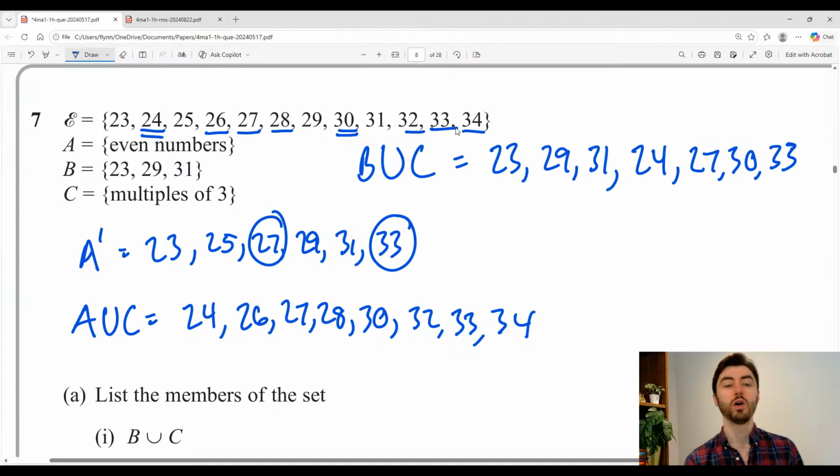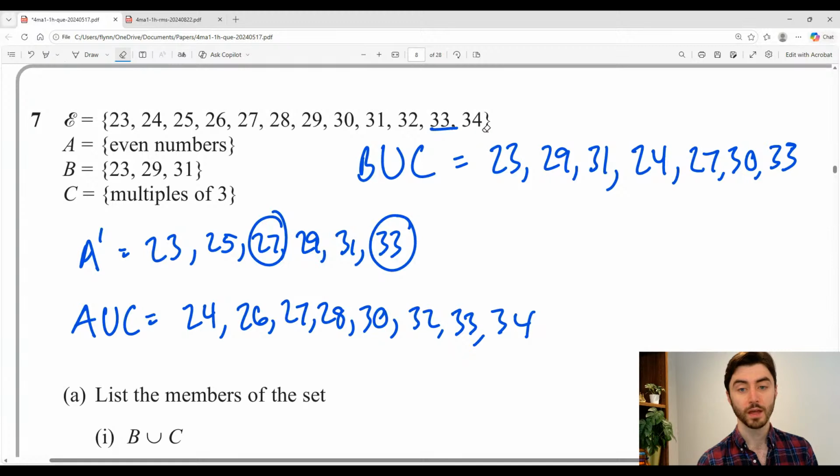Union would be all the numbers that are underlined. So the 24, 26, 27, 28, 30, 32, 33, 34. A intersection C would be all the numbers that are underlined twice. So the 24 and the 30. And this underlining method can be used in any sort of set theory, with or without a Venn diagram.